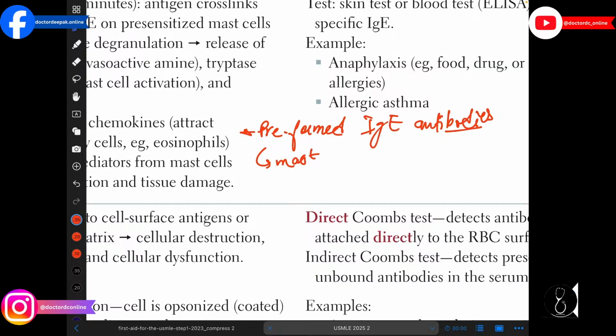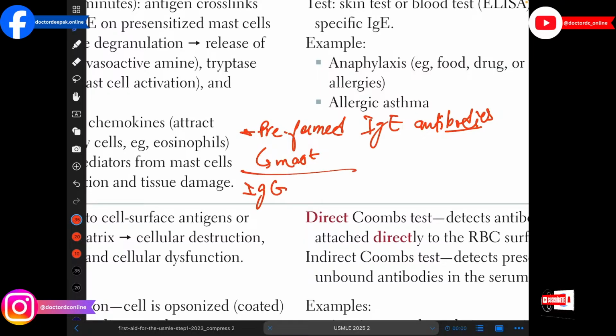In susceptible individuals antigens induce IgE, and the majority of people make IgG. IgG does not trigger the hypersensitivity response, but IgE results from B cell class switching.